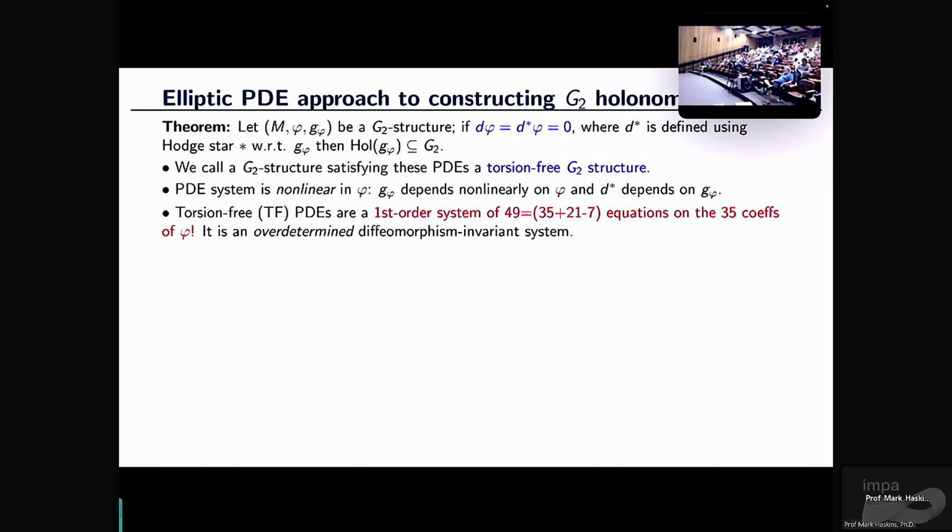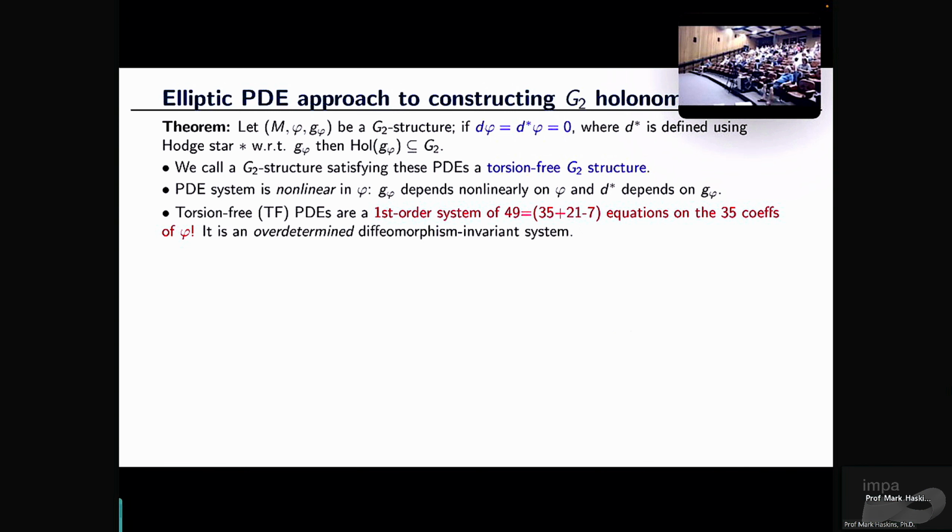So if we have (M, phi, g_phi), a G2 structure, and it satisfies the system of PDEs that d phi and d star phi are both 0, where d star phi is defined using the Hodge star with respect to g_phi, then we know that the holonomy will be contained in G2.